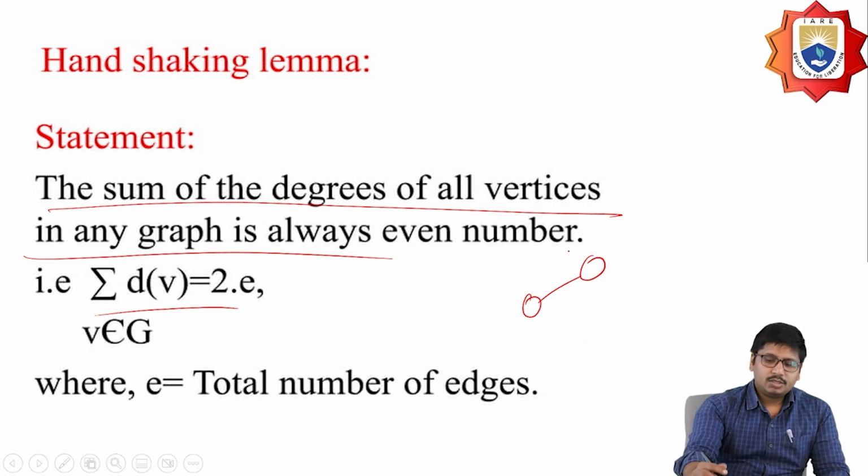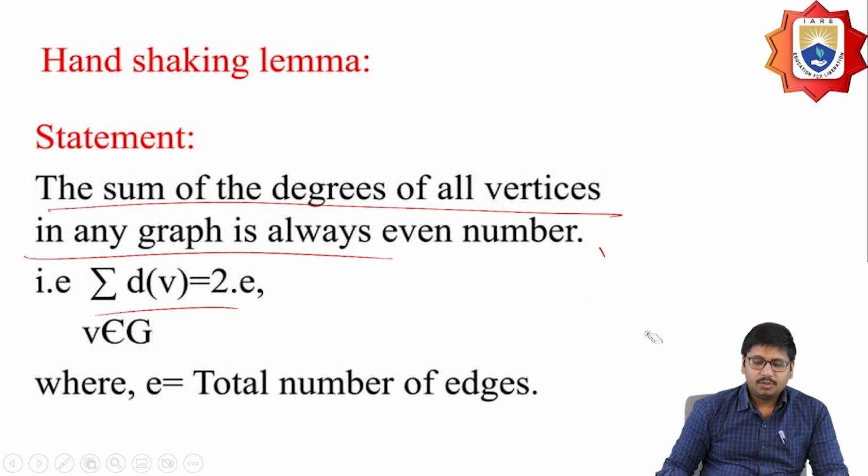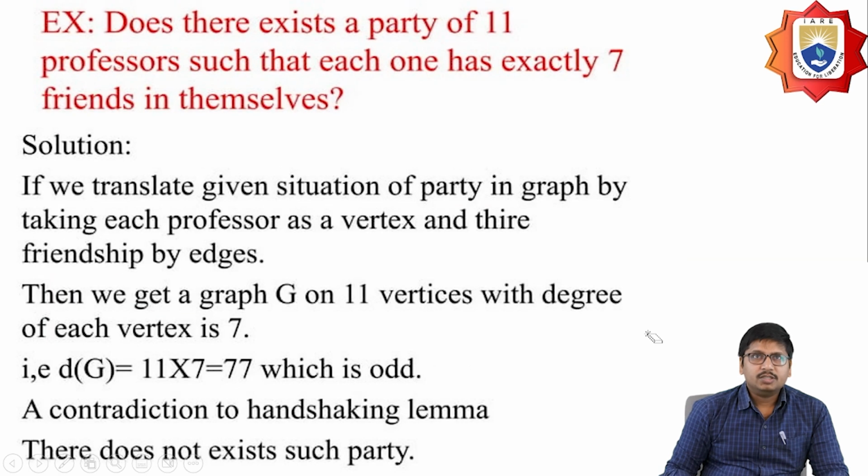Similarly, if I consider a graph like this, what is the degree here? 1, 1, 2. Like this is the handshaking lemma, where e is the number of edges.